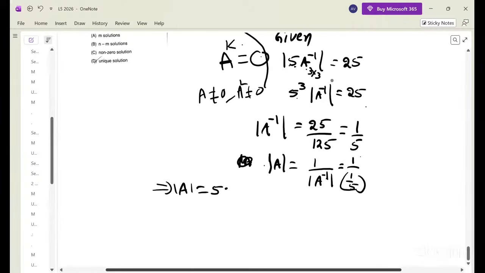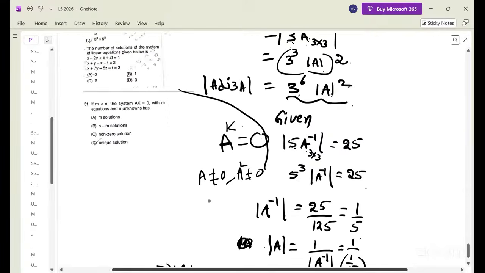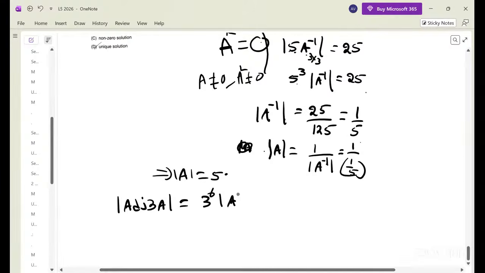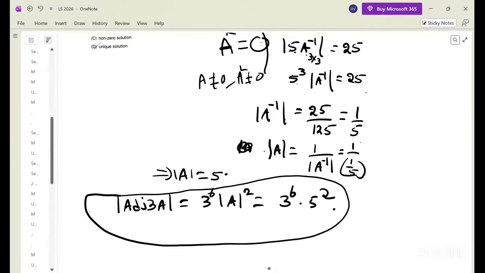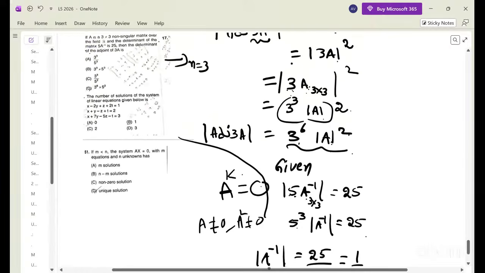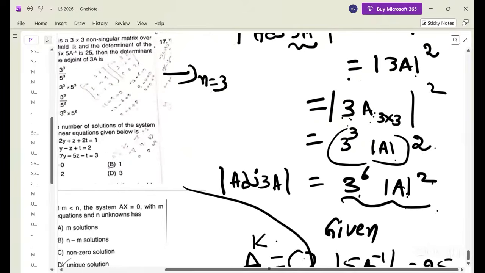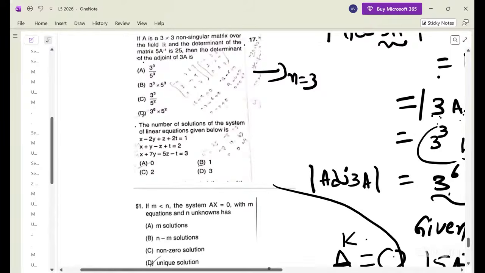That is 3 power 6 into det A square, which is 3 power 6 into 5 square. Which option is correct? Among the options, 3 power 6 into 5 square, D option is the correct one.